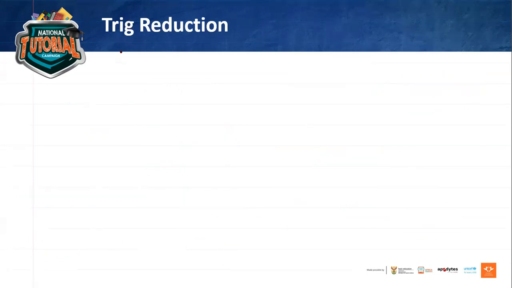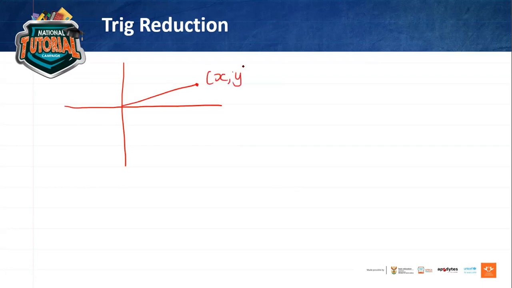Let me just redraw that Cartesian plane. Remember, we started off with this line here, x, y, in our quadrant 1, and theta was the angle that we were dealing with there. If I now move this line to quadrant 3, this angle from the positive x-axis all the way down there is now 180 degrees plus theta.